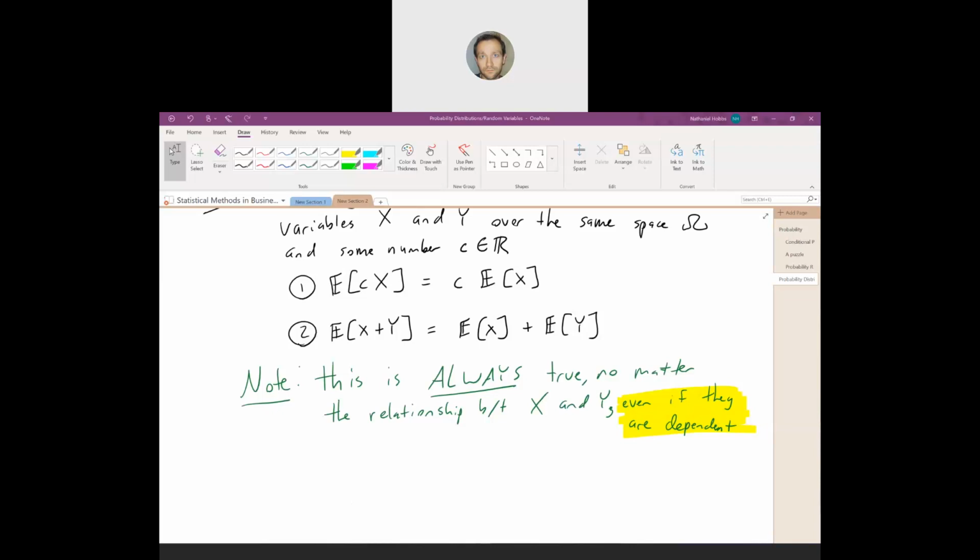There's only 1 or 2 other things I want to cover before the end of class. So next class I'm going to be talking about different types of random variables, Bernoulli and things like this.